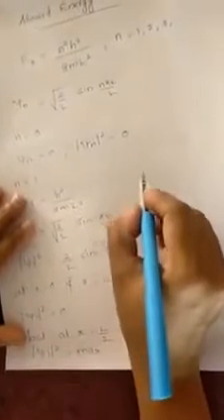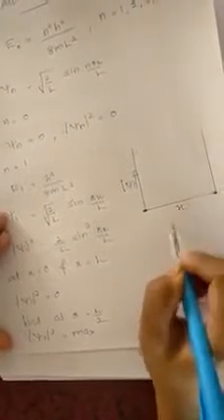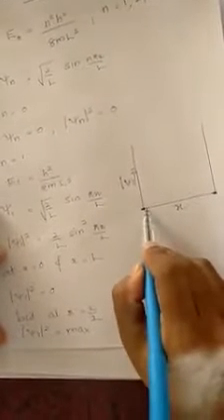If we draw a graph of probability density function versus x, that is mod psi 1 square and x, this is the one-dimensional box and the width of the box is L. So at x equal to 0 and at x equal to L, the probability to find the particle is 0.